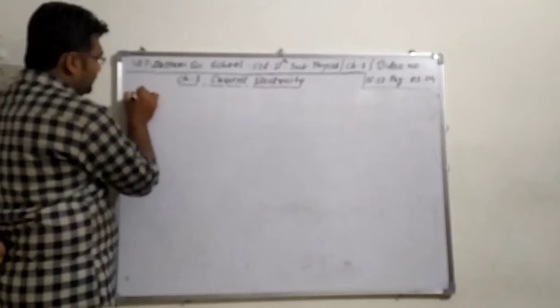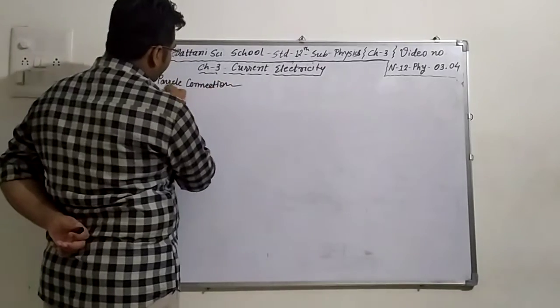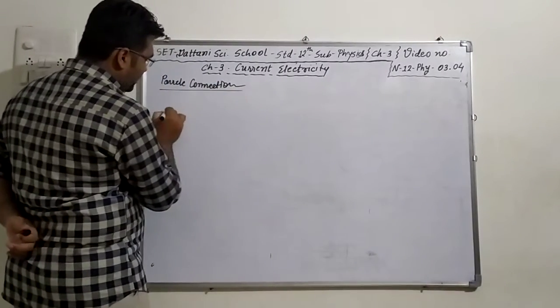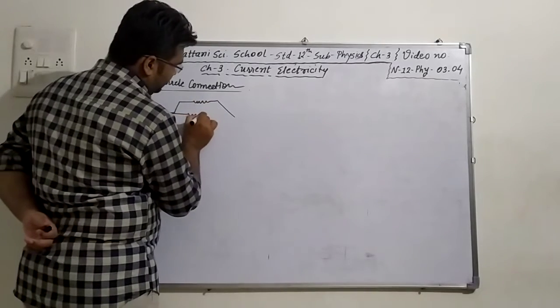So we have the parallel connection of resistors. In the parallel connection, we have this diagram.